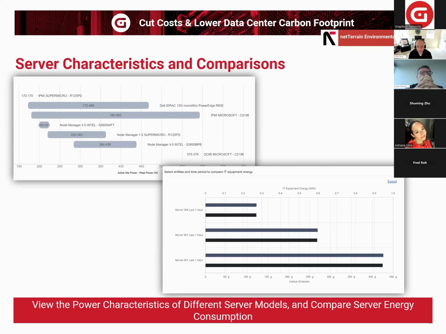In this case, you're running 3 different servers, assuming that they're running the same workload. You can easily identify which ones are running more efficiently relative to the others. This, of course, does not take performance into consideration, but you would have to correlate that information and make the most informed decision on whether you would go with one architecture or one server model or one specification versus another.